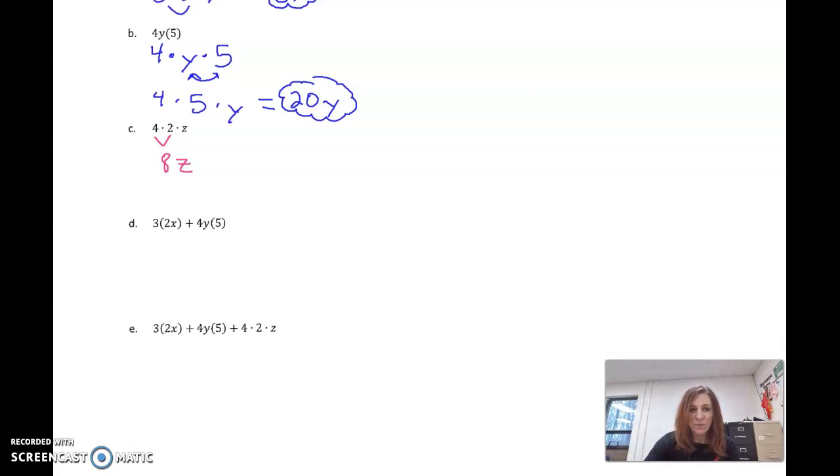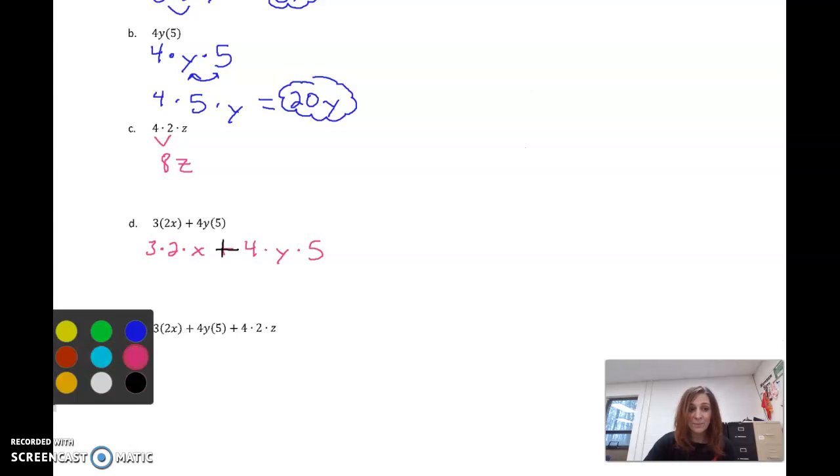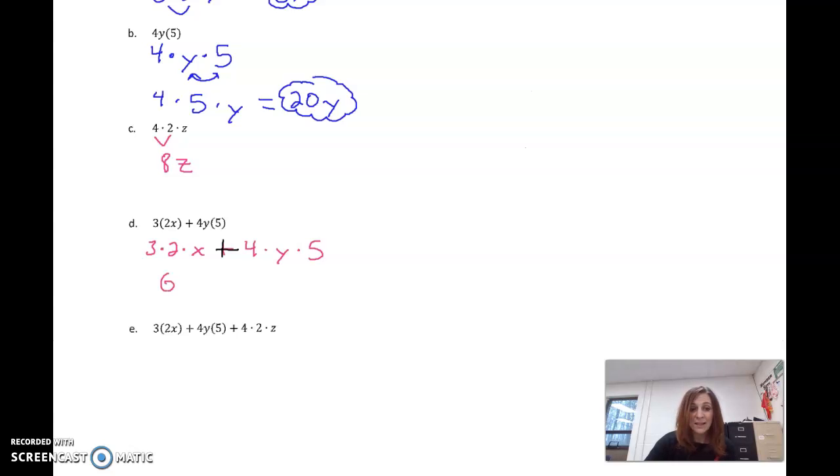Okay, so this right here actually means, well, we know what it means. We've done it, right? 3 times 2 times x plus 4 times y times 5. Here is the plus sign. So how many terms does this have? It has 2 terms. I can simplify this side. 3 times 2 is 6. This is 6x plus, I know over here, 4 times 5 is 20.